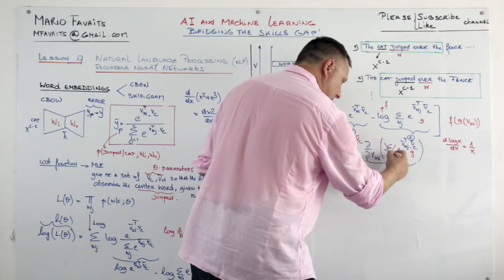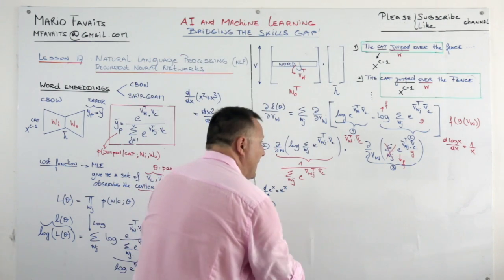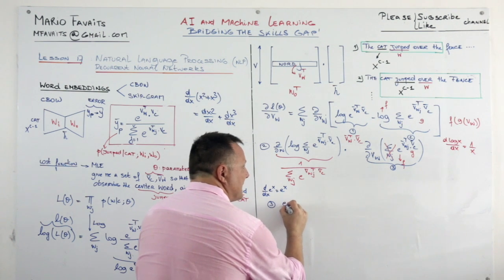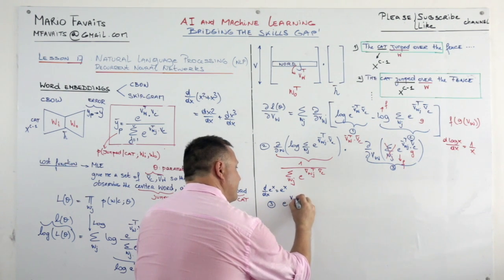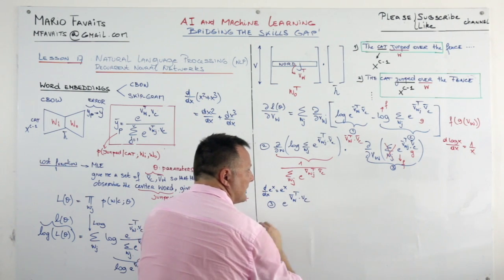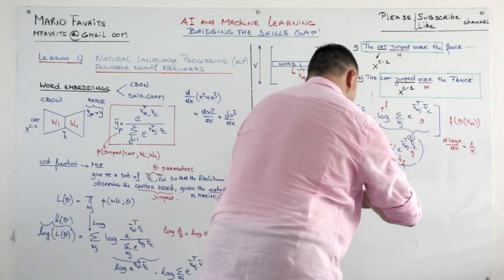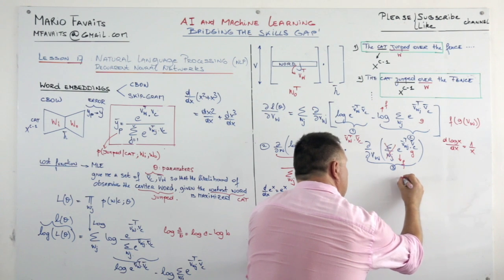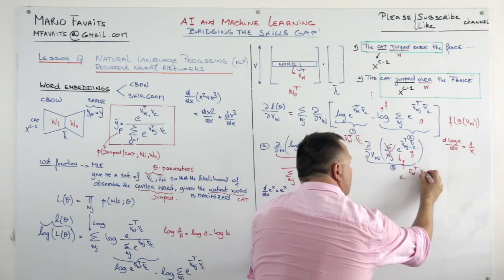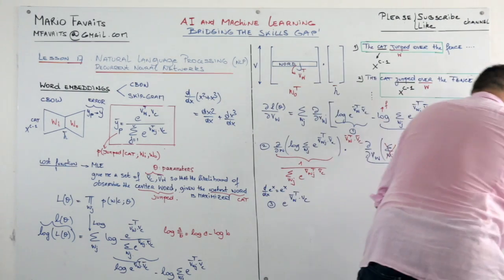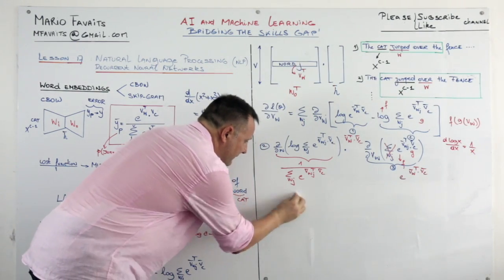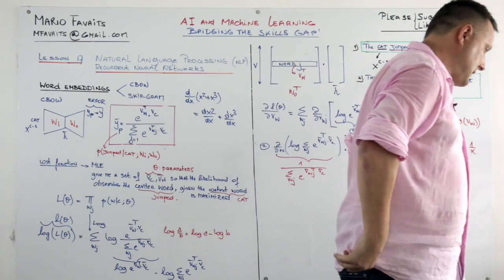So this is going to be e to the power of vw transpose vc. And this one I'm going to take away for the time being.